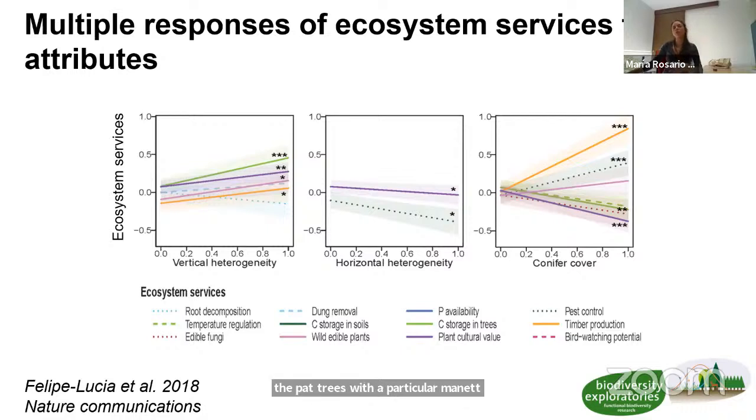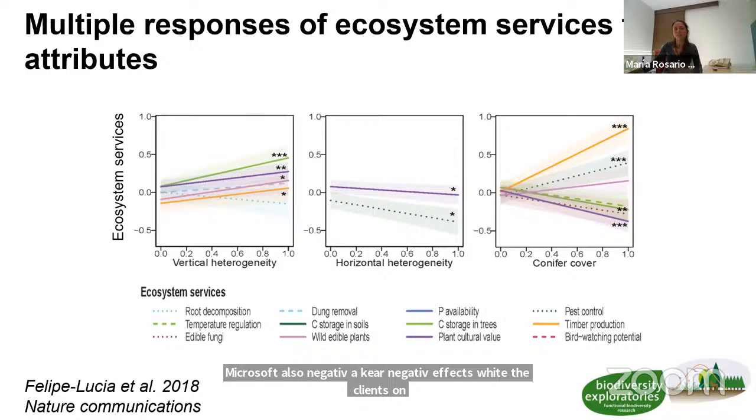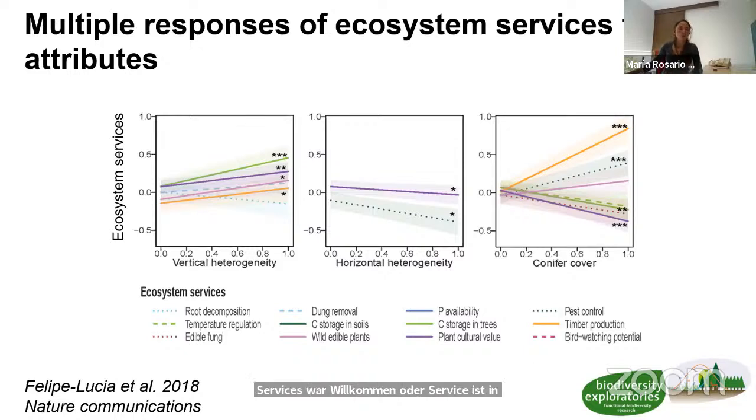We could also have a clear negative effect, with declines in services, but we could also show trade-offs for some of the services. And I did this exercise for, as we see here, 12 different ecosystem services and 16 different attributes or characteristics of the forest that forest managers can manage for.